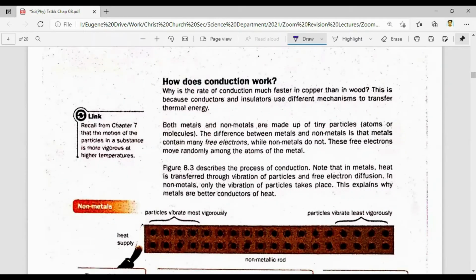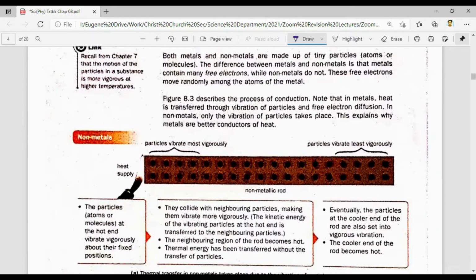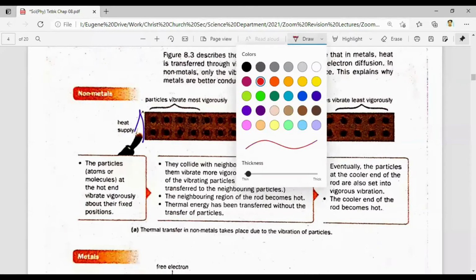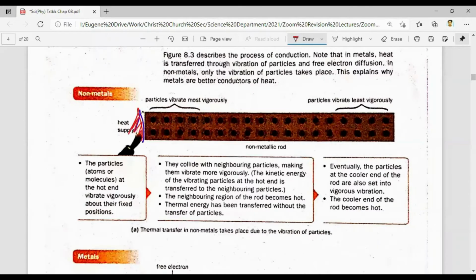How does conduction work? What happens is that when there's a fire over here, the particles at this region will get heated up. When they get heated, they vibrate vigorously about their fixed position.